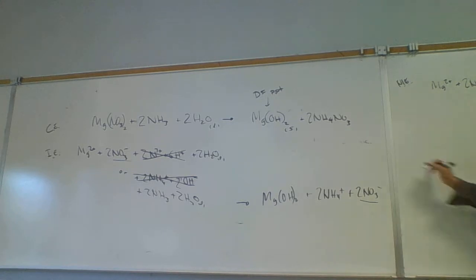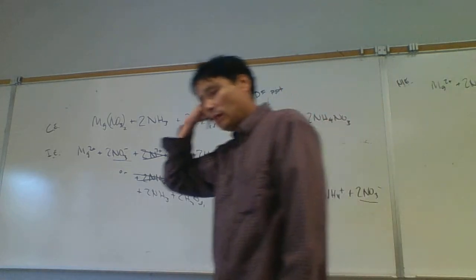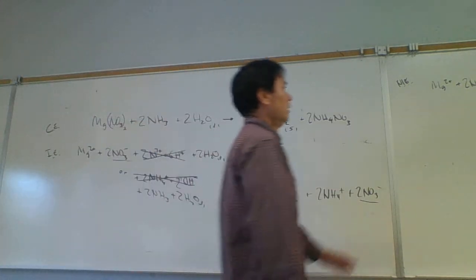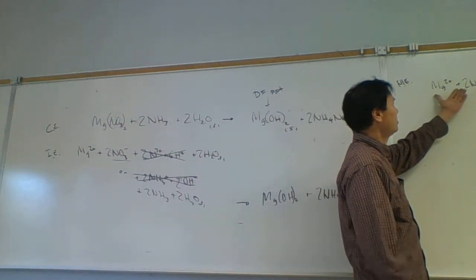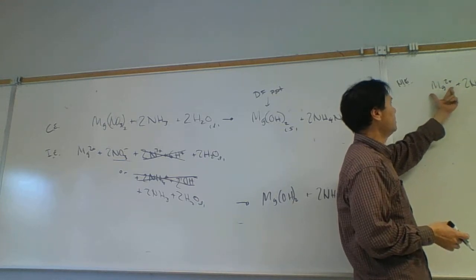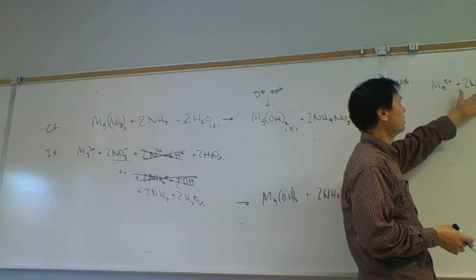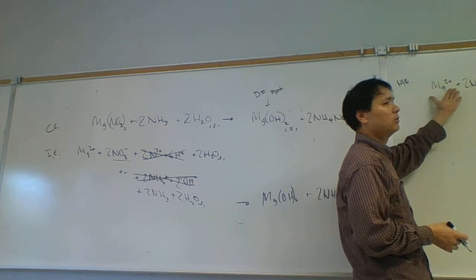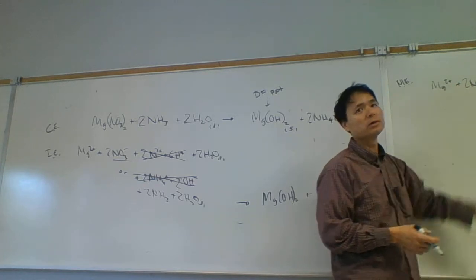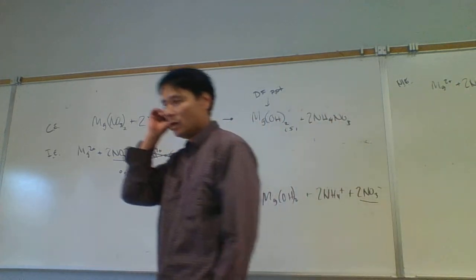All right, so are there any questions on using aqueous ammonia? Basically, if it's a +1, like silver, we just need 1 ammonia, 1 water. If it's a +2, like magnesium or copper 2 or iron 2, we'd need 2 ammonias and 2 waters. If it's a +3, like aluminum 3+, we'd need 3 ammonias and 3 waters. And then we're going to precipitate out the hydroxide.